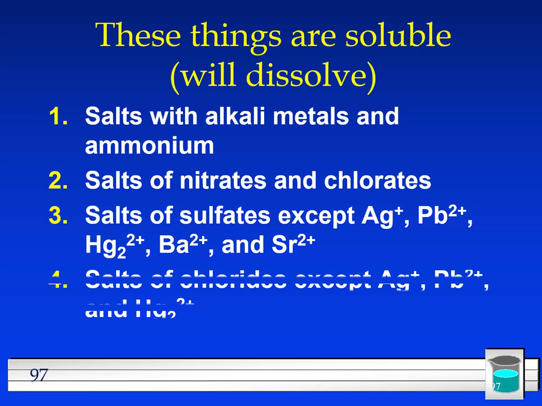And that would be chlorides. So silver, lead 2, and mercury 1 again. So that's the list of all the things that will dissolve. None of these will be the precipitate.